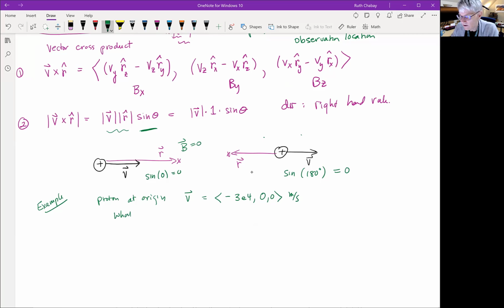What's the magnetic field at the observation location 0, minus 0.060, 0 meters?